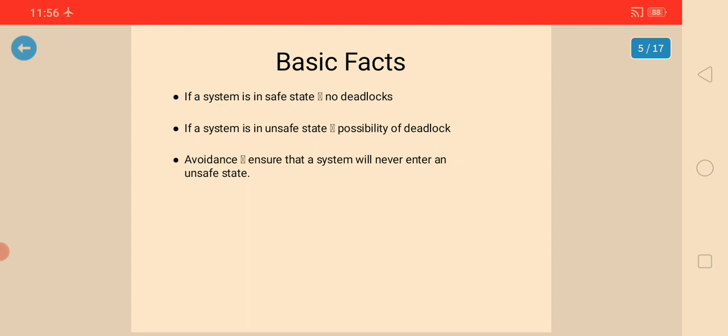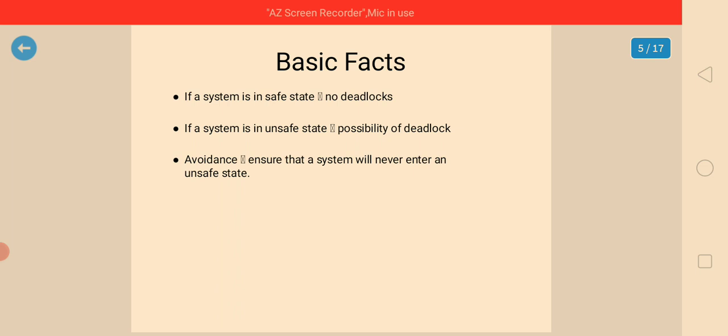So the basic fact is this: if the system is in a safe state, there is no deadlock.